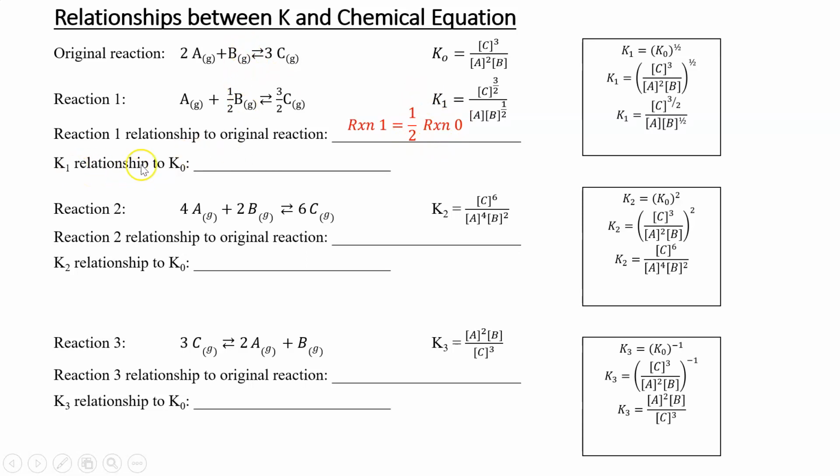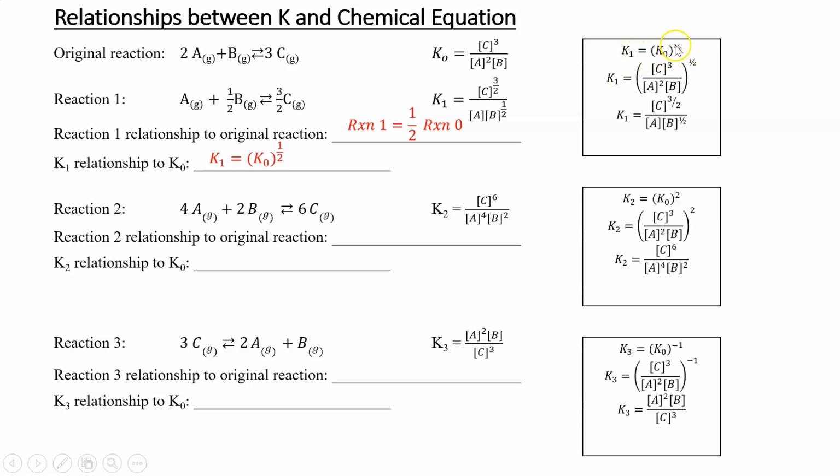What about the K relationships? The first one is C cubed, the second one is C to the 3/2, A squared becomes A, and B to the 1/2. It looks like we took the whole expression, K0, and raised it to the 1/2 power, which is exactly what we've done.